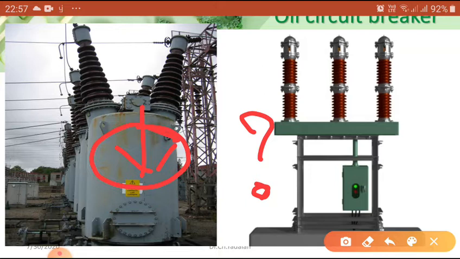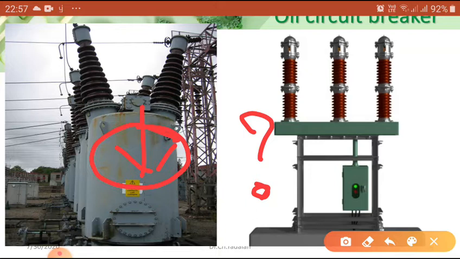Short circuit current flows continuously, then continuous arcing, continuous problems, a cascading problem. So the first characteristic required is the shortest time for operation.